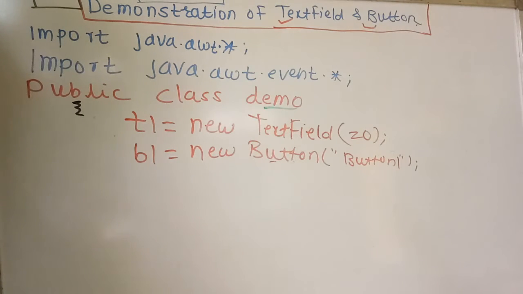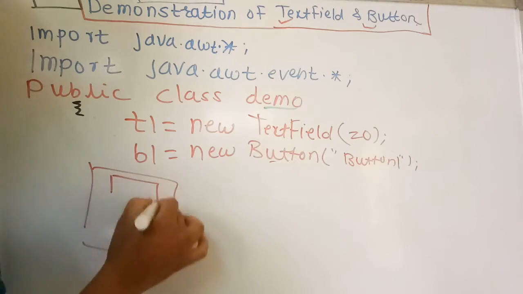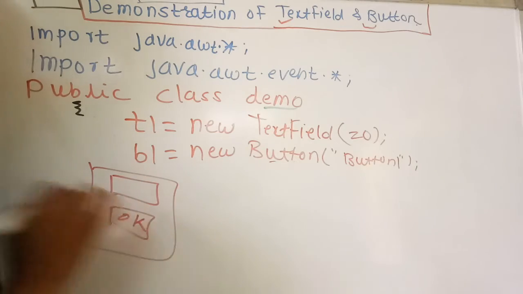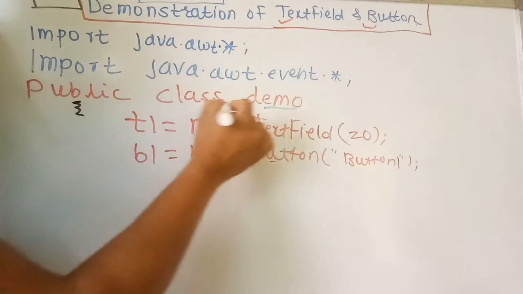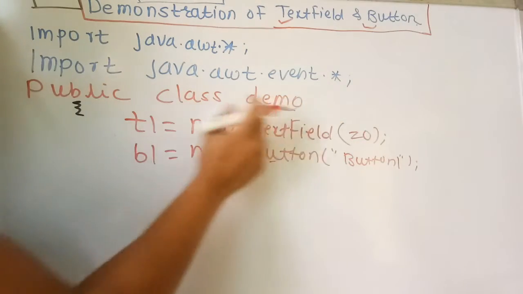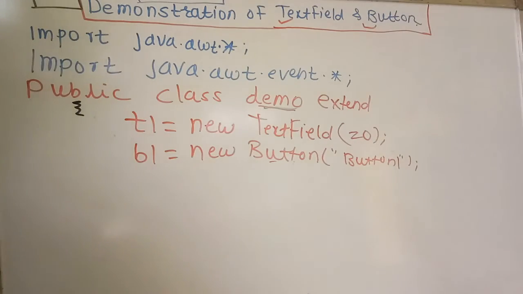Now, as you have to add these things in your GUI, meaning you have to display the text field and a button, for that you have to take a frame. So here we can make changes like public class Demo extends Frame. This is a compulsory mechanism to handle the GUI.